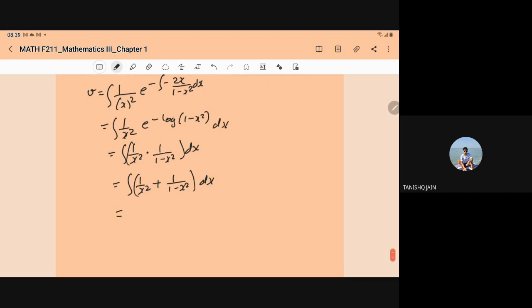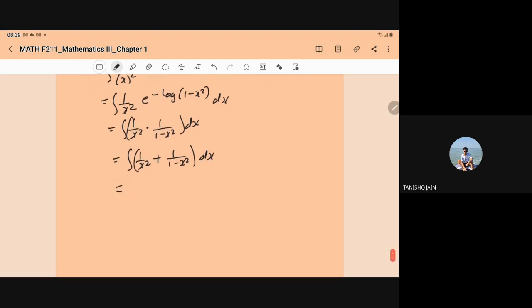So if you integrate, it will give you minus 1 upon x plus half log of x plus 1 upon x minus 1.